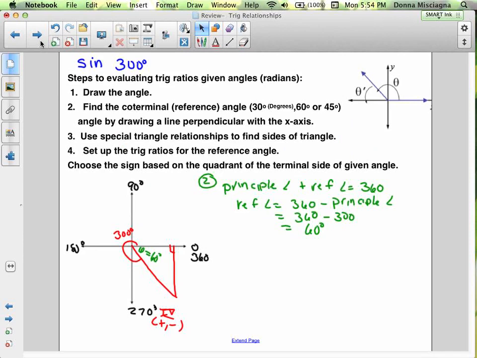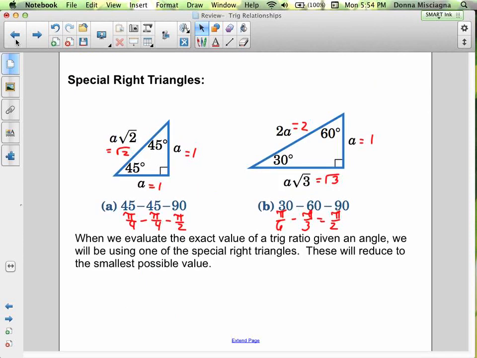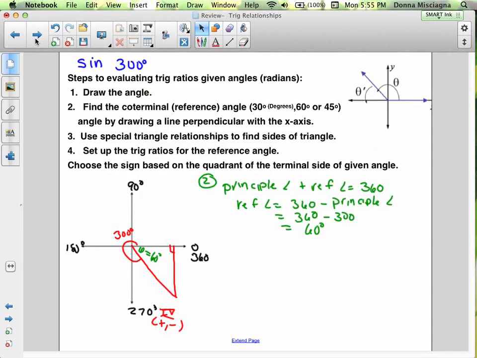All right, so notice we have a 60-degree angle. So now if we look back here at this triangle, what's opposite the 60-degree angle? It's the square root of 3. So opposite that 60-degree angle, you should write in the square root of 3. We know the hypotenuse is opposite the right angle, right?